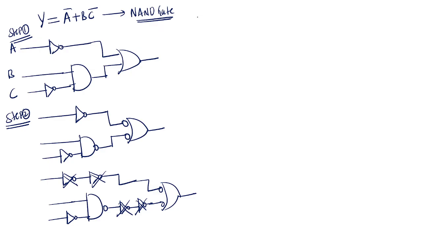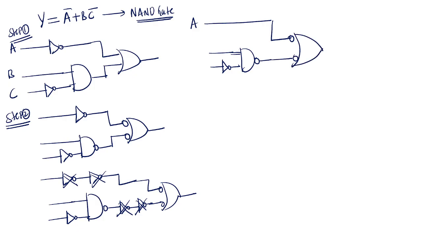Now what is the circuit you are getting? This is A, directly it is given, and here this is an inverter, NAND gate and again bubbled OR.